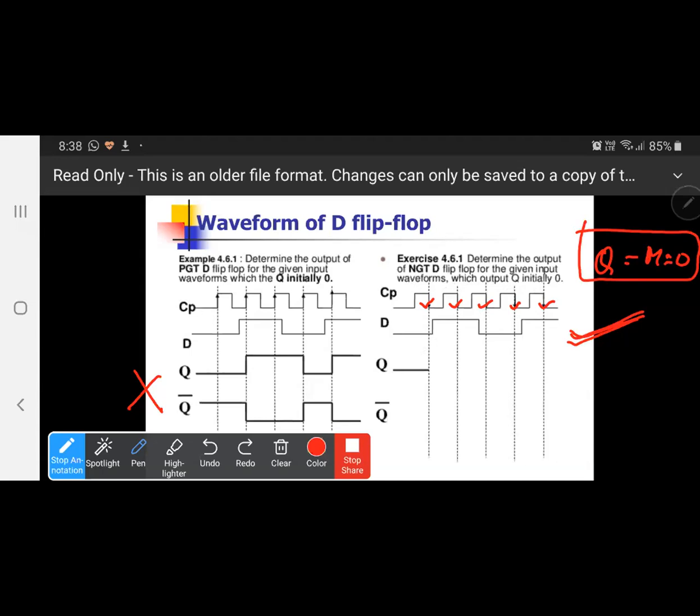Very simple, because it is for the D. Who can write on my screen? Can we draw it? You cannot write on my screen. Any other student can write on my screen? If you are using an Android phone or Android device, then you can write it.